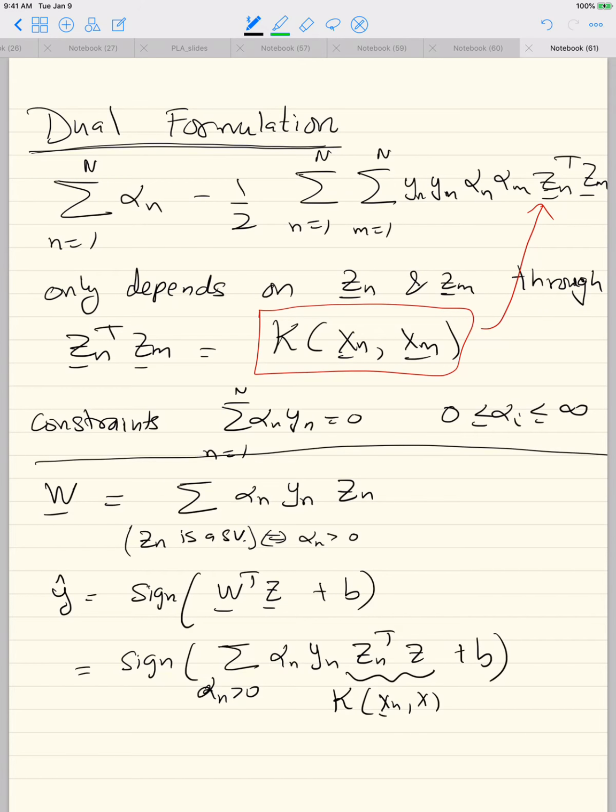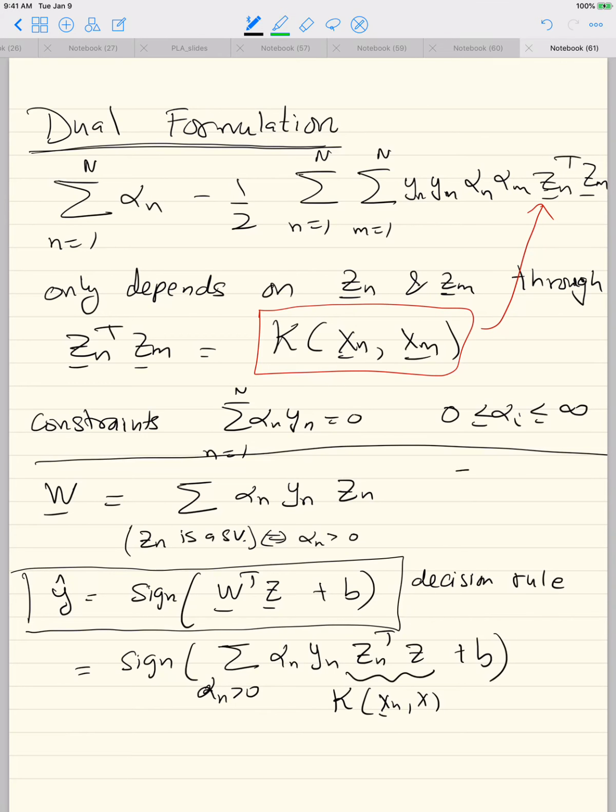So in the transformation space, when we were to do the nonlinear transformation, our decision rule will be this. We will compute z to be the nonlinear transformation of x, the data vector that we are interested in. Compute w transpose z plus b.